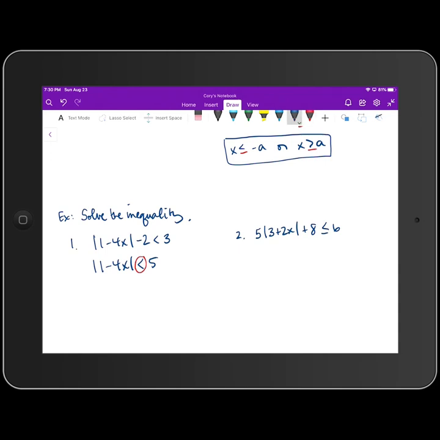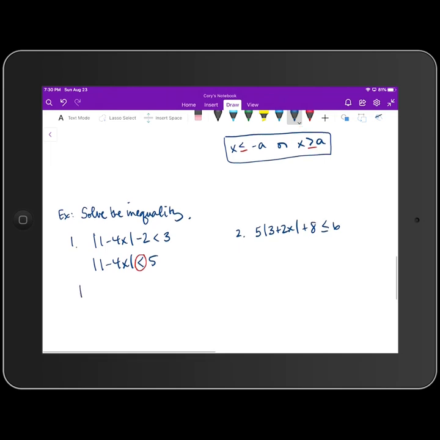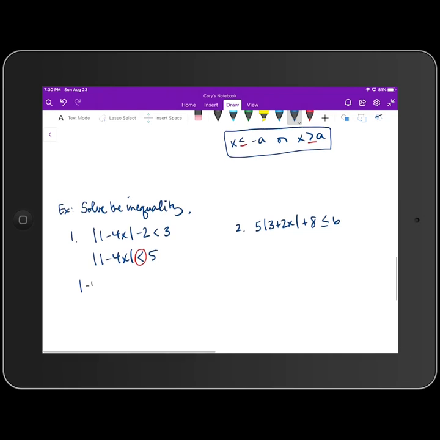So my two possibilities. First one is what's inside the absolute value bars is positive, and if that's the case, the absolute value of 1 minus 4x is just going to be the expression itself, 1 minus 4x, which is less than 5. And the other possibility is what's inside the absolute value bars is negative. So I'm going to take the opposite of that entire expression.